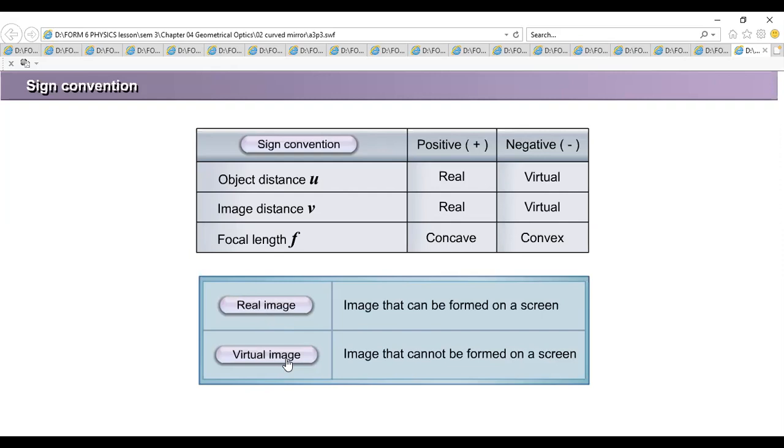Ladies and gentlemen, we must make it clear: what is meant by the image can form on the screen? A real image can form on the screen. We can see the image on the screen. For the virtual image, the image cannot form on the screen. That means that no image can be seen on the screen.